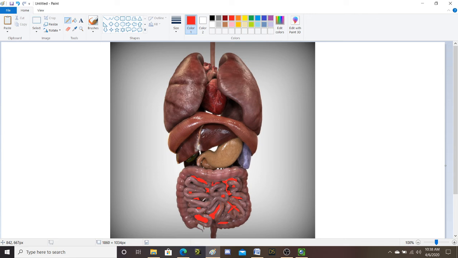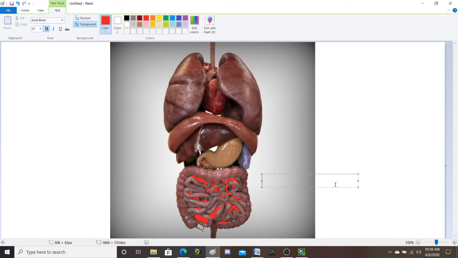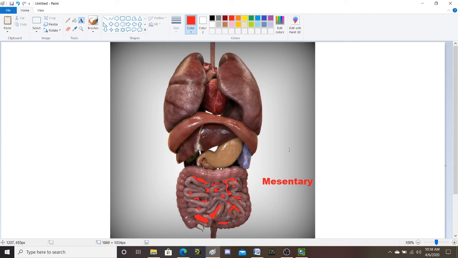So this is all mesentery. Let's go ahead and label that. Mesentery.